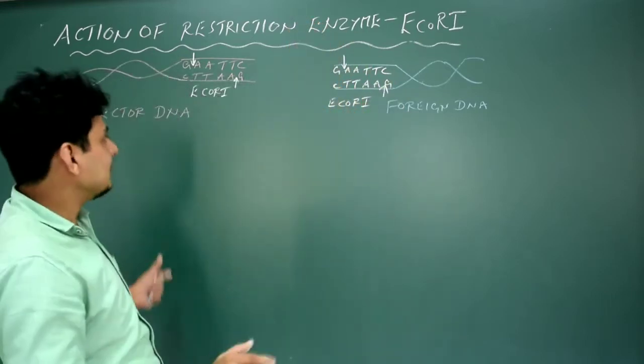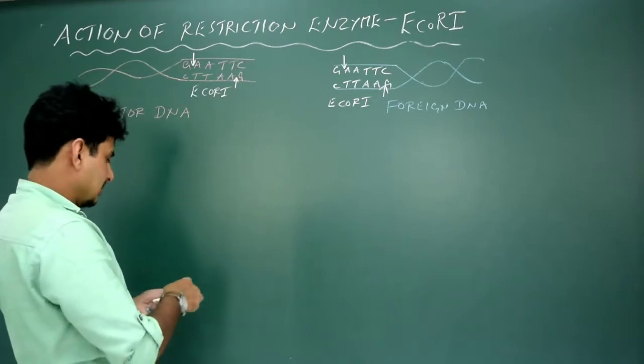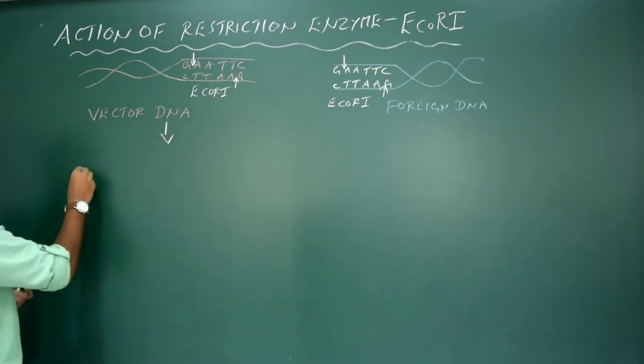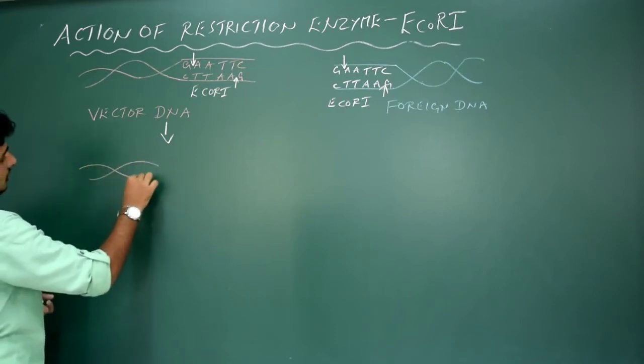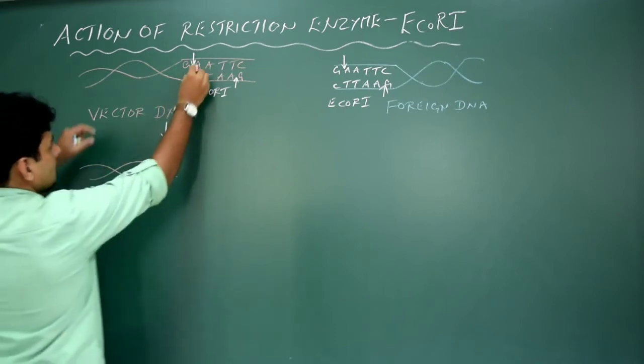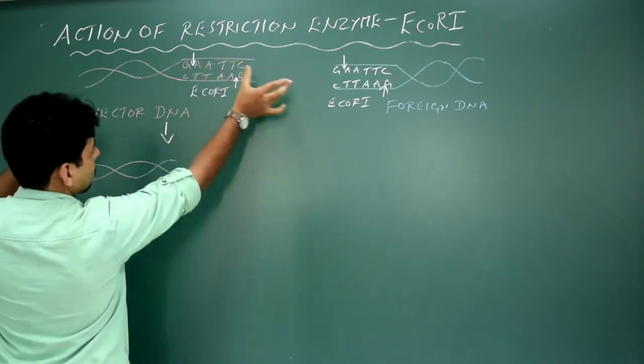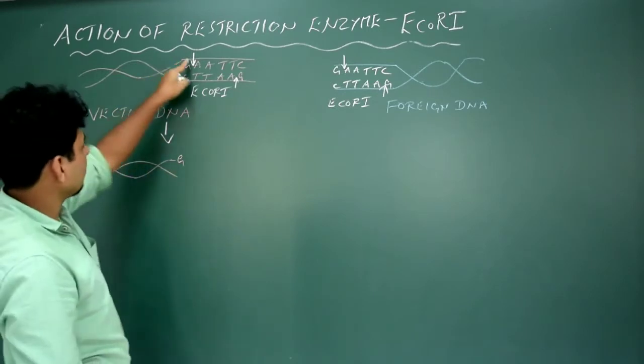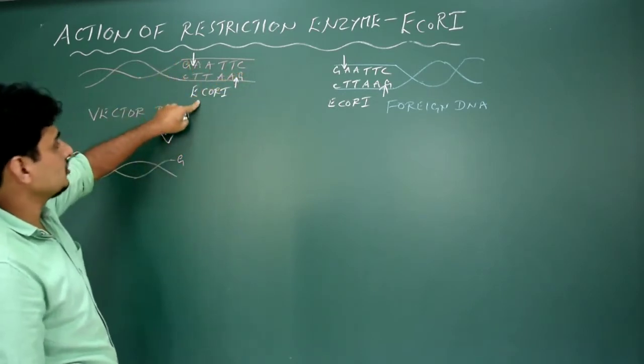Got it? Once I treat with the same restriction enzyme, I'm going to get a DNA which looks like this. We just draw the DNA like this. This piece is now removed. So I have only G on a particular strand. This piece is removed because of the action of this particular enzyme.